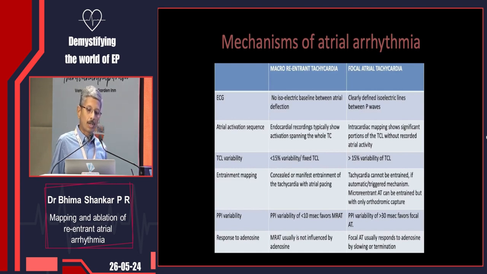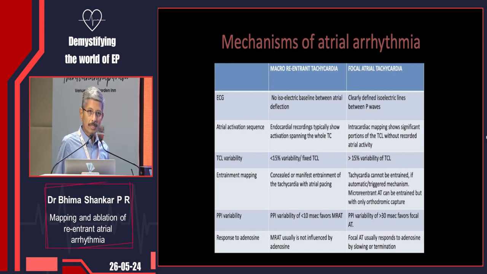And the key in macro reentrant atrial tachycardia is entrainment mapping. Yesterday, Dr. Anish was elegant in describing what entrainment is about. This is very important for distinguishing the mechanism and deciding whether it is macro reentrant tachycardia or a focal atrial tachycardia.